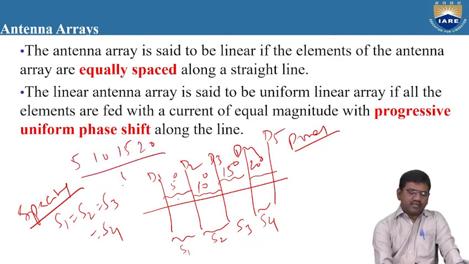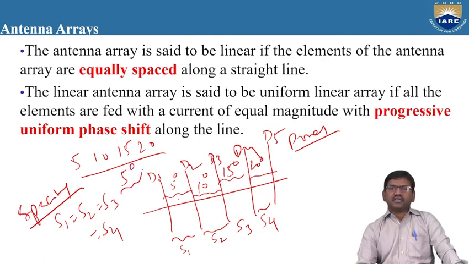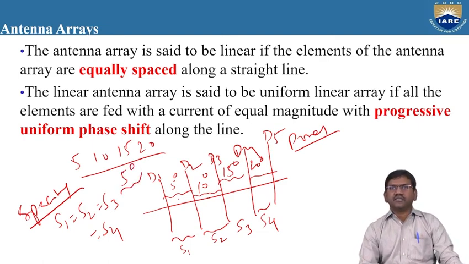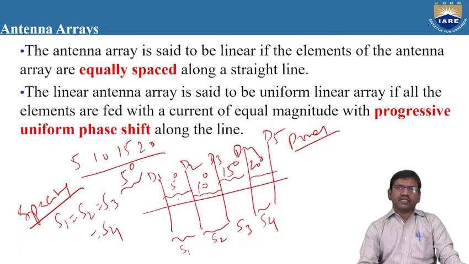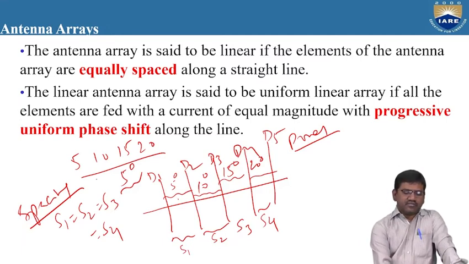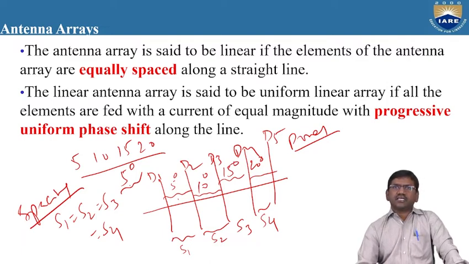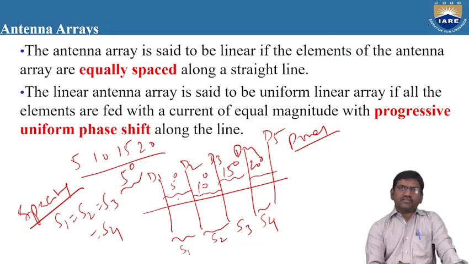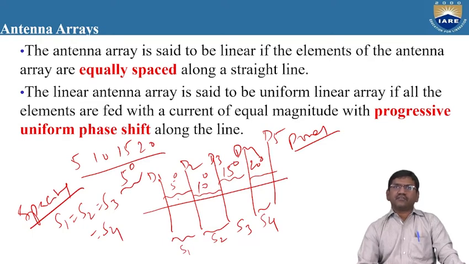There is a difference of 5 degrees of phase difference between all the individual elements of the antenna array. We can call it a progressive uniform phase shift, since there is a progressive shift and a uniform phase shift of 5 degrees here. That means the phase difference increases at a rate of 5 degrees, a uniform phase shift along the line.